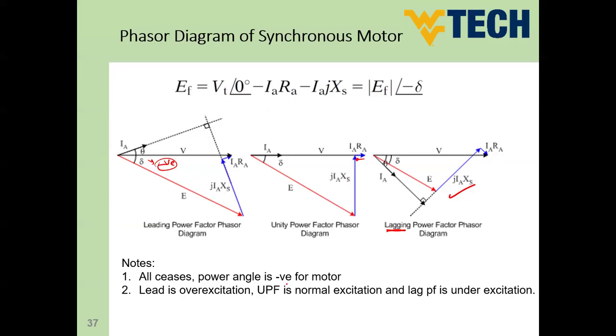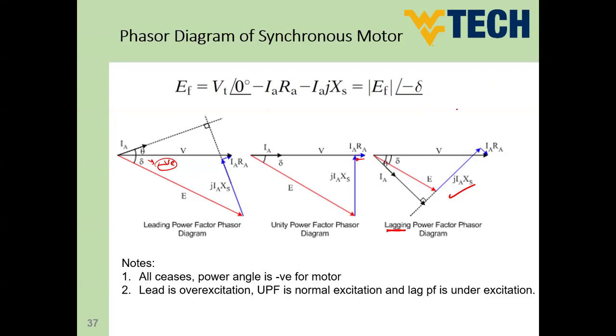What does that reflect? The power angle is a sign of the power flow direction. In the generating case, the power angle was positive, which means the machine is generating electrical power. In case of motor, because the power flow is reversed, the electrical power is supplying the machine. So this means the power angle delta is going to be negative.